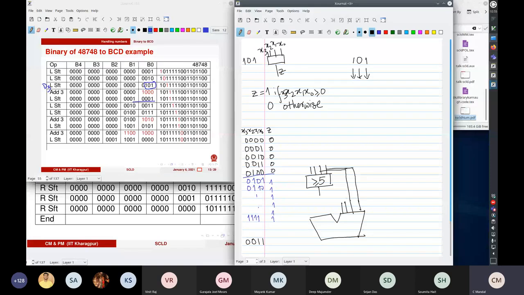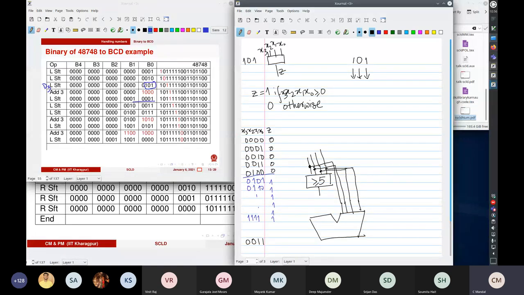These are the same 4 lines. Maybe you can show that there's a connection here. All right.